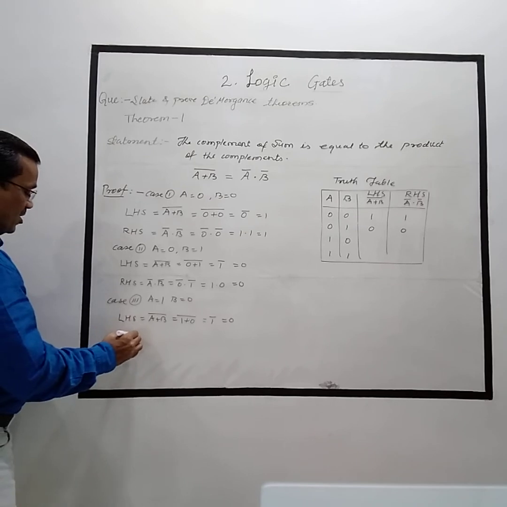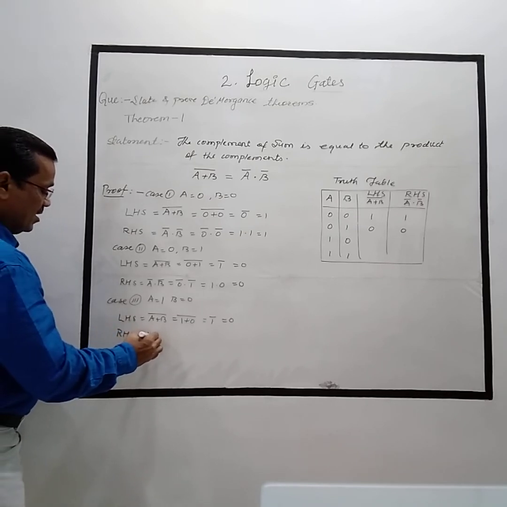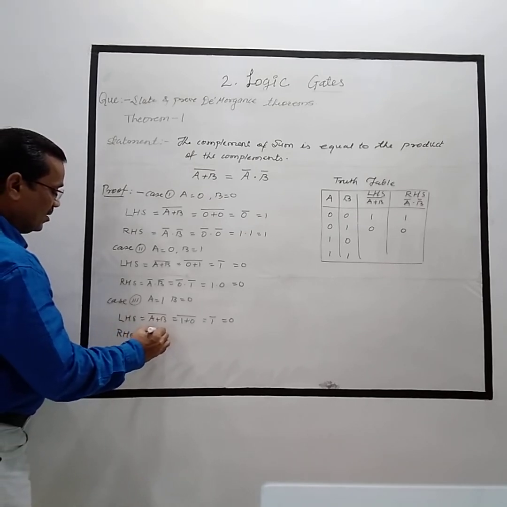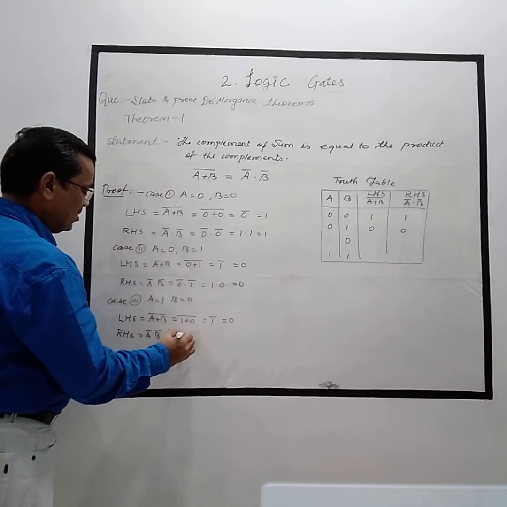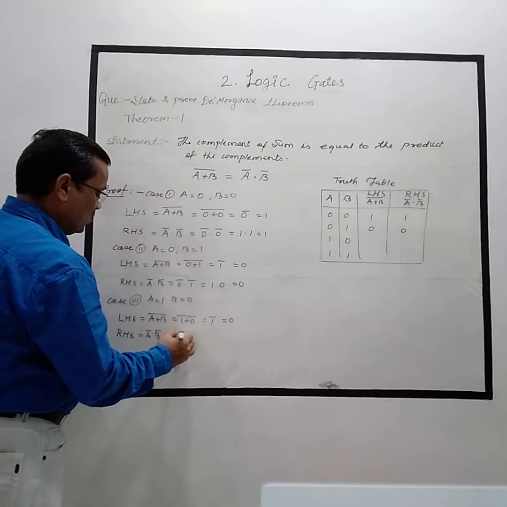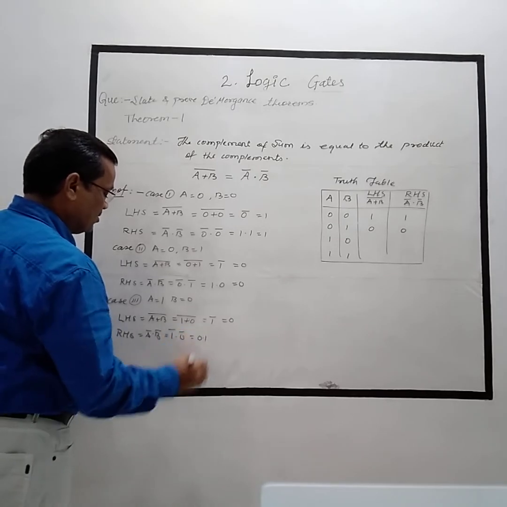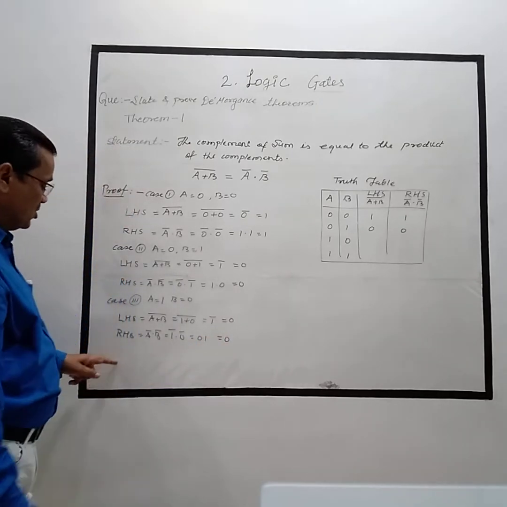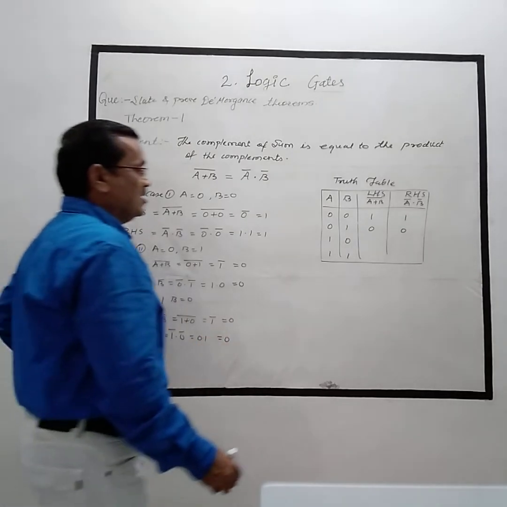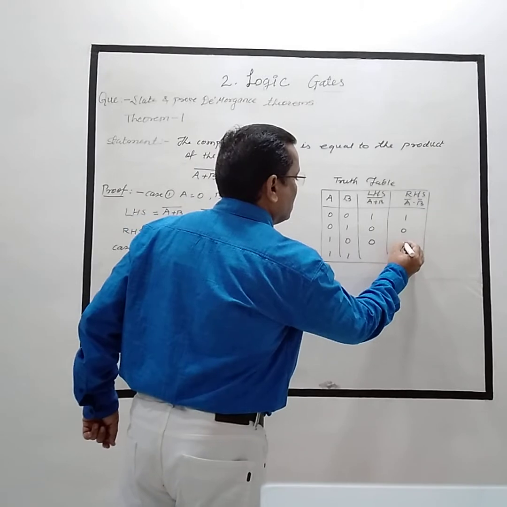For RHS, we have to write A bar dot B bar. A is 1, 1's complement, dot B is 0, 0's complement. 1's complement is 0 and 0's complement is 1. So again it comes out to be 0. 0, 0.